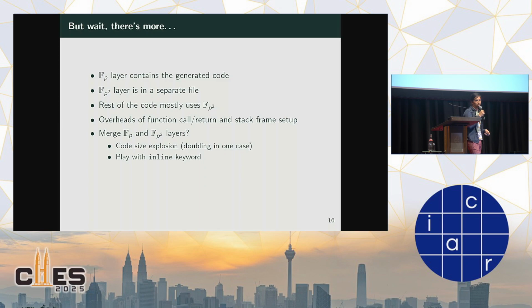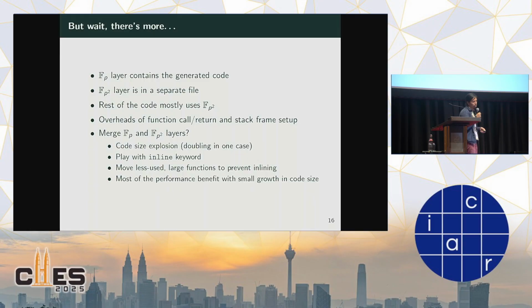We were checking in which configuration the code size was growing substantially, and we tried to avoid those cases. Particularly, we noticed that there are some functions that are quite large and not used very often, so we decided just to keep them apart and remove the inlining for these ones. So in the end, we managed to squeeze a bit more performance, and the growth was moderate. It was not very bad.